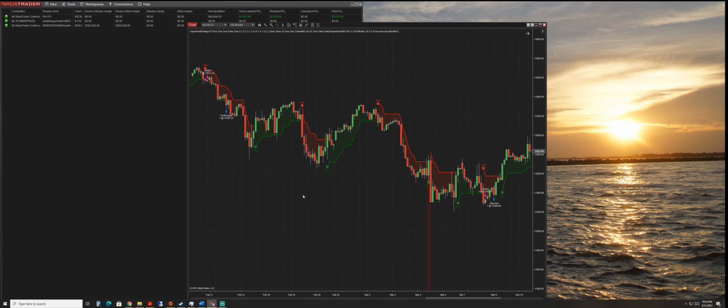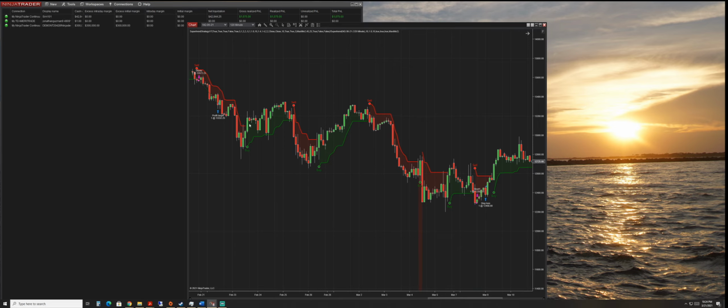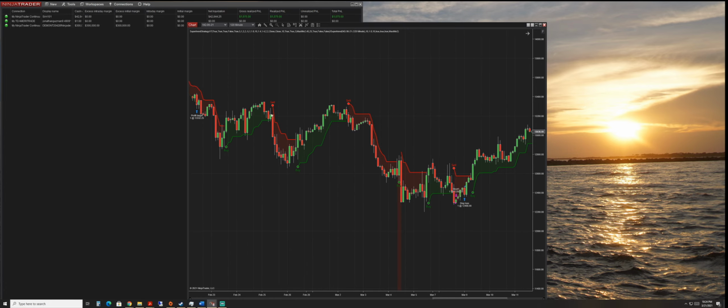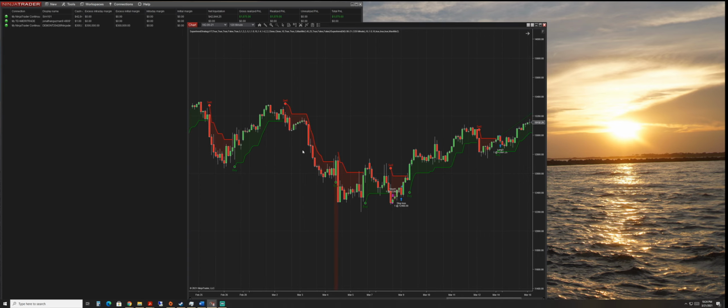We had a short here, and here we had a perfect long, but the trend tracker said no, we're in a bearish market, we're only going to take shorts. And here it wasn't a good trade, so it didn't take anything. Here it took a short, but it turned and we had a stop loss.